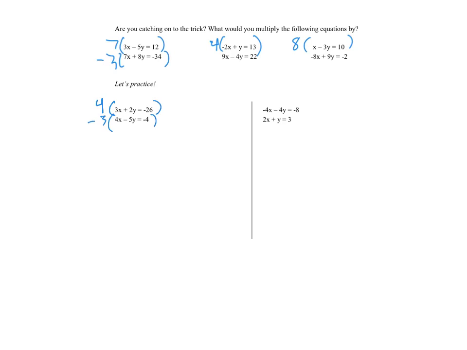That way I can add them together. 4 times 3x is 12x. 4 times 2y is 8y. It's positive 8y. 4 times negative 26 is negative 104.